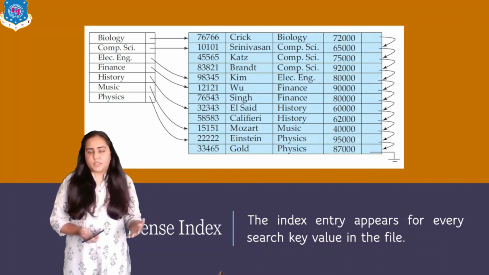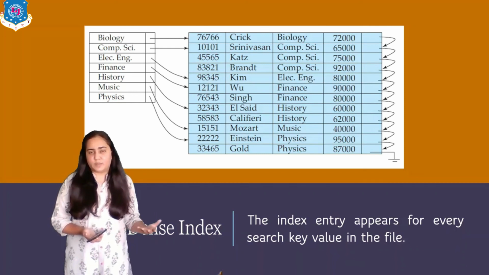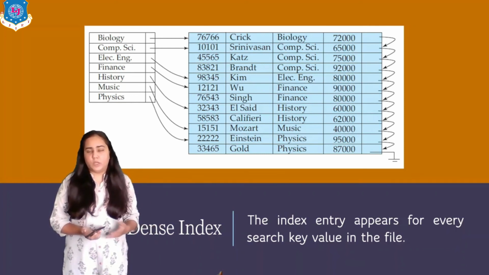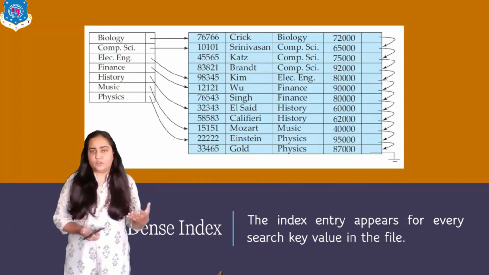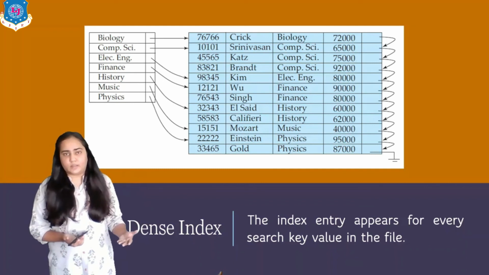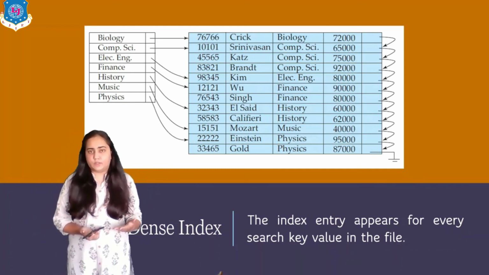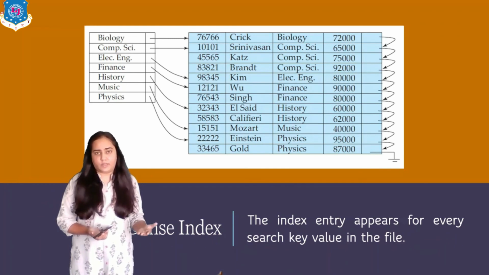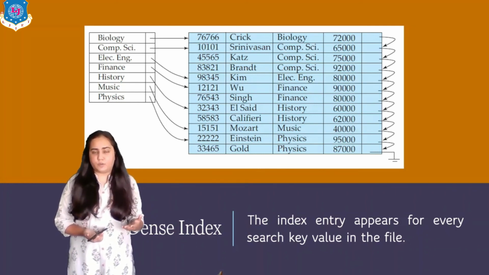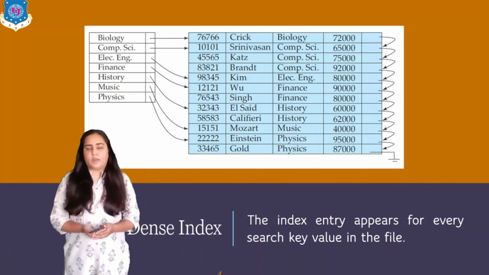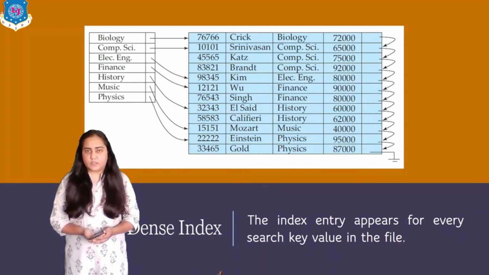Sparse indices can be created when you have a column for which you don't want to make all the entries, only some entries because maybe your table size is too large. So you can create a sparse index where you don't include pointers or addresses to all the rows in your index. And then you can have a dense index where you include each and every entry from your table in your index. So those are the 4 variations of indices, and they make our reading of the data from the database considerably faster.